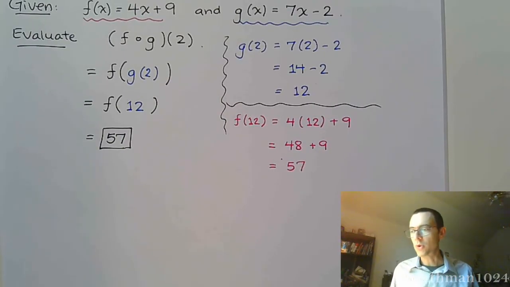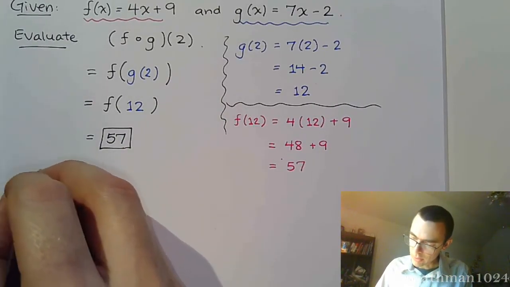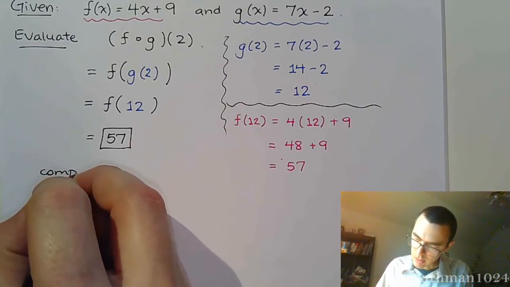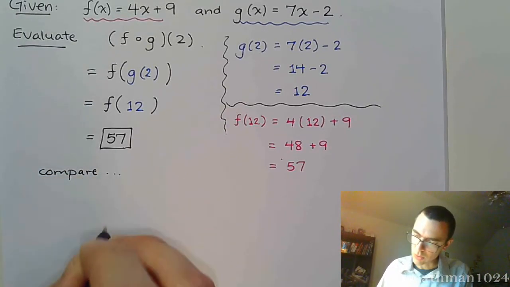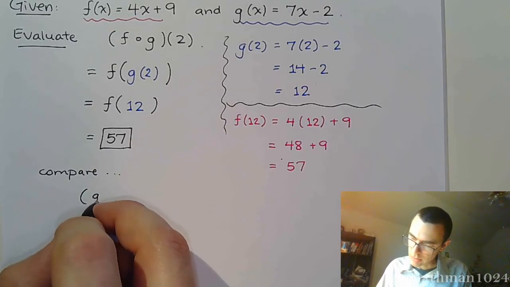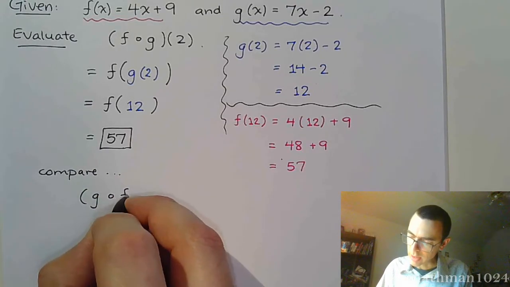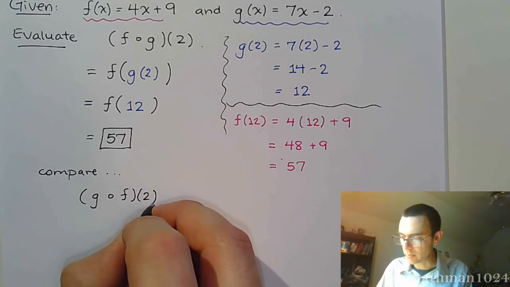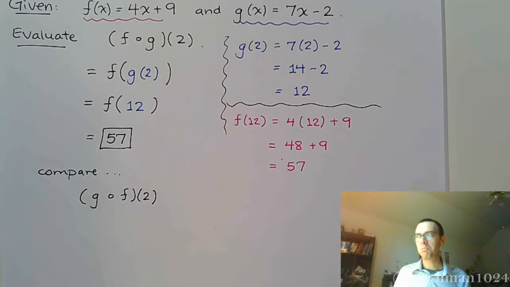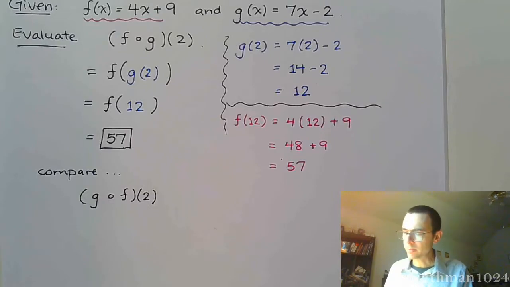What if I swap the order around? What if we do g of f of 2? Will it be the same? Does the order really matter? Let's find out.